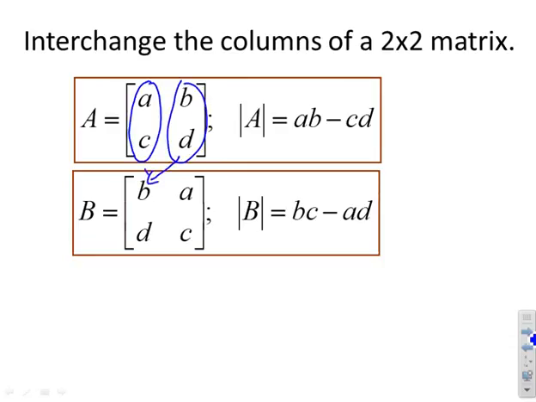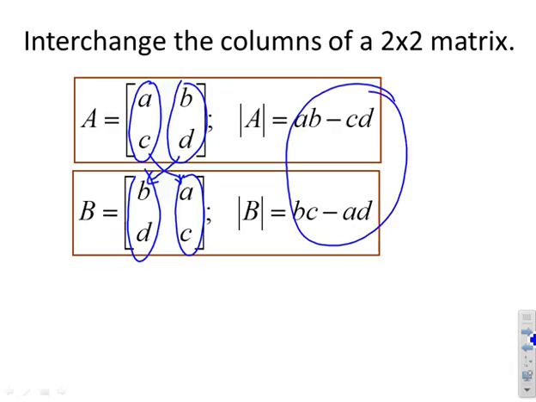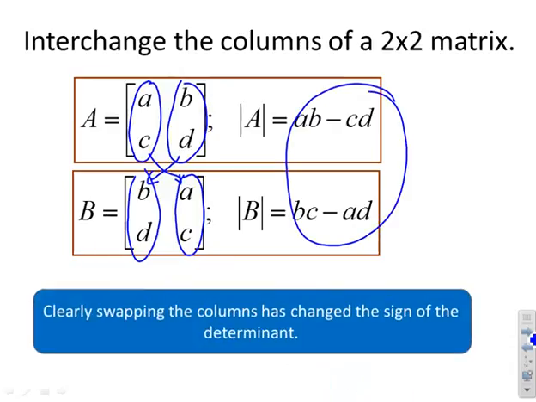And you'll notice when we've gone to B, we've swapped the order of the columns. Now when we calculate the determinants, it's fairly clear that these determinants have the opposite sign. So swapping the columns has changed the sign of the determinant for a 2 by 2 matrix. And you'll get the same result if you swap the rows. You can check that yourself.